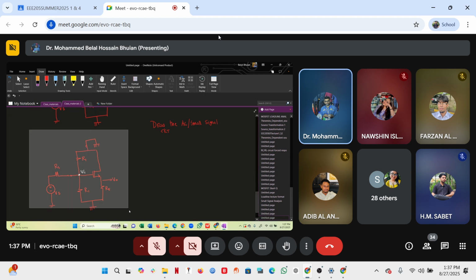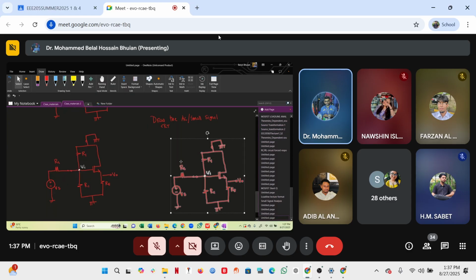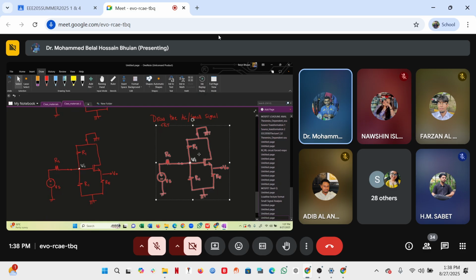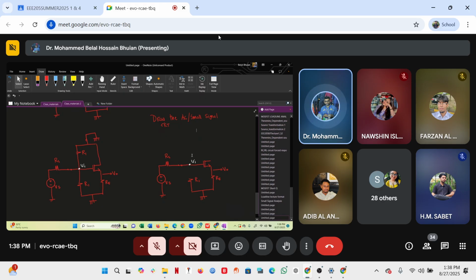Let's use this to simplify. You see R1 and R2 are in parallel as before.